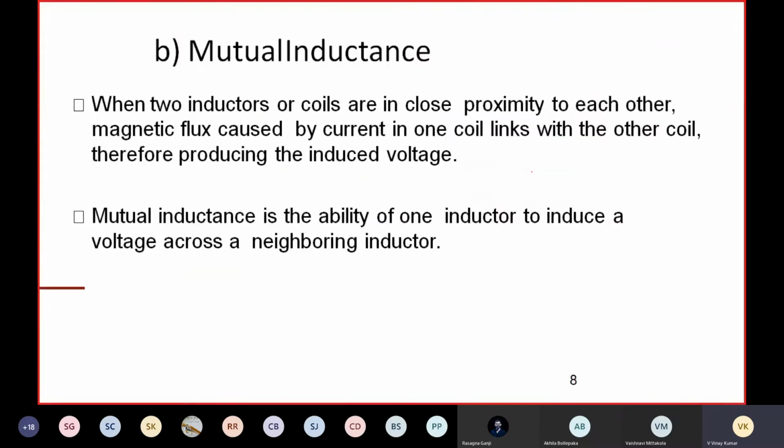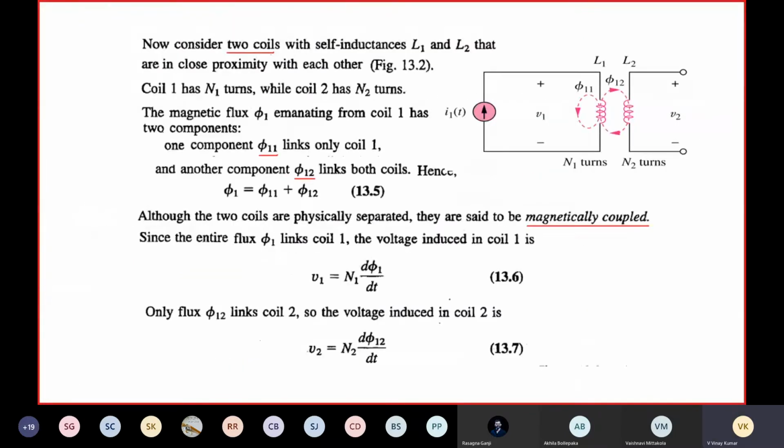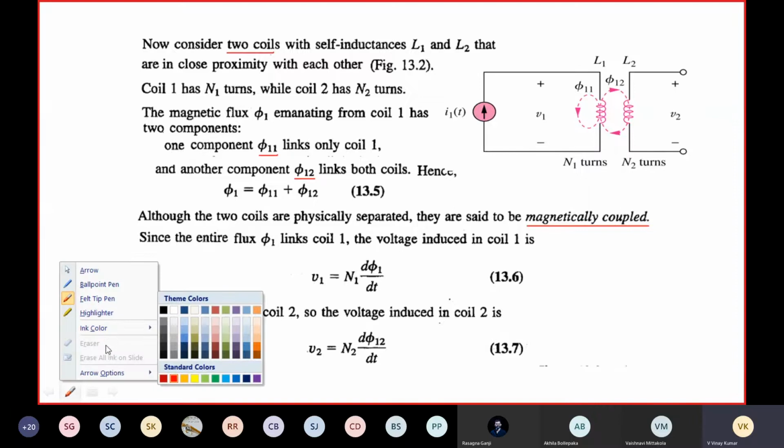This is called magnetic coupling. Here we have two coils. Magnetically, they are coupled to each other. There is no physical connection between these two coils. They are coupled magnetically.